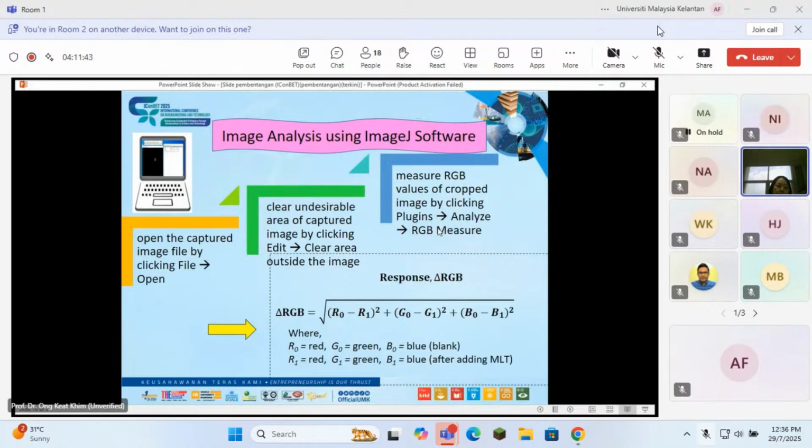After this step, we get the RGB values, and then we calculate the delta RGB, which is the response of the sensor, using this equation. Here R0, G0, and B0 are the red, green, blue values for the blank, and R1, G1, B1 are the red, green, blue values after we add the analyte, which is malathion.